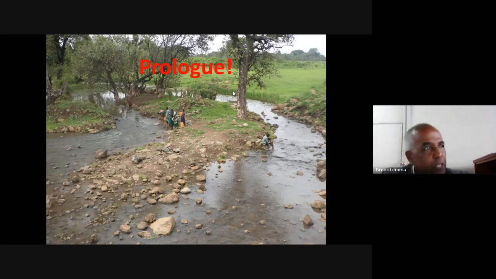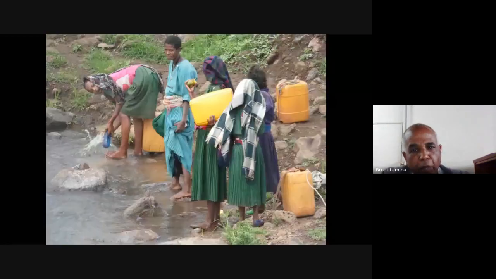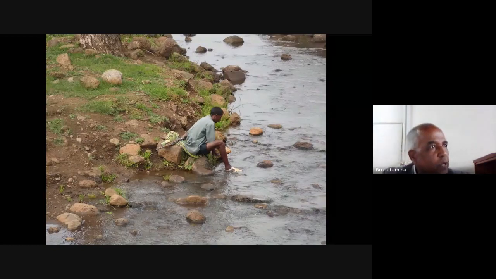This is the minimum that they require to live by, consuming the water directly from streams for home use, bathing, and so on. And it is this quality that we have continuously lost through the process. And this is what we couldn't get back to the original.